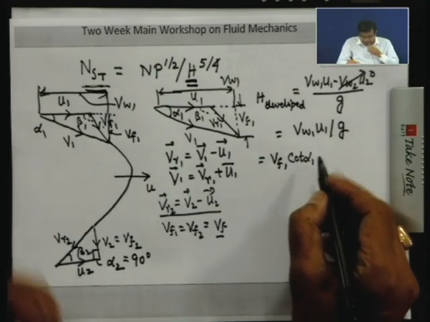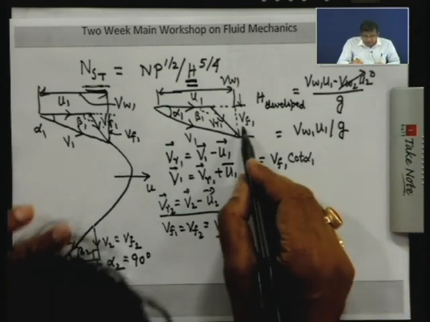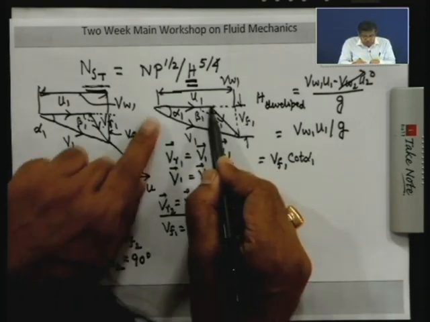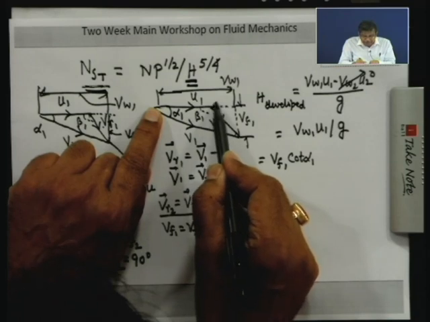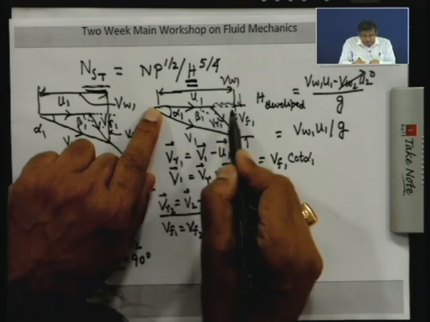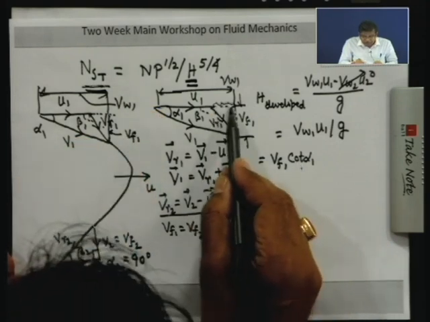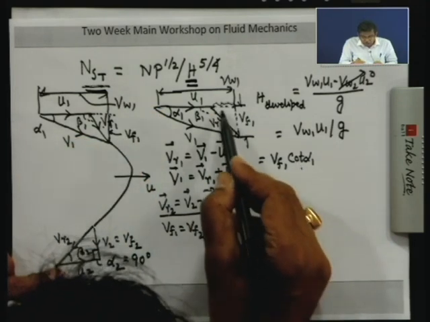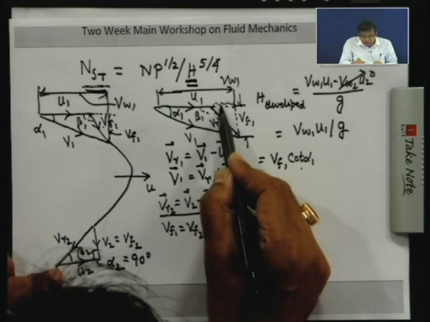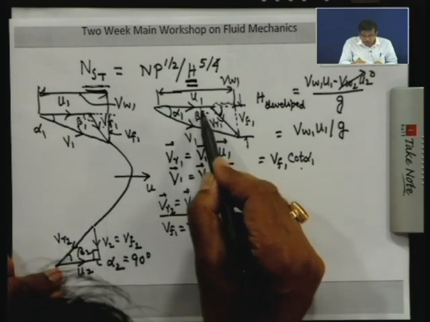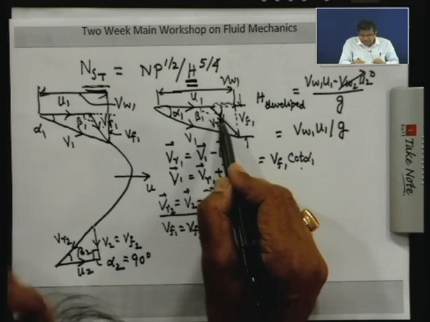Okay. And what is U1? U1 is this minus this. So, this one is VW1, Vf1 cot alpha 1. Now, this one is Vf1 cot of this angle, which is 180 degree minus beta, and cot of 180 degree minus beta is minus cot beta.